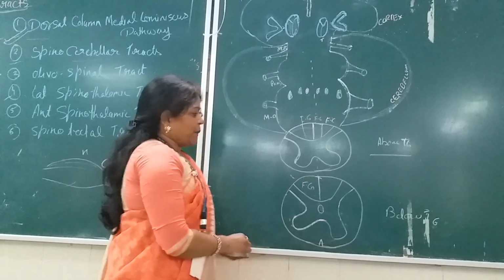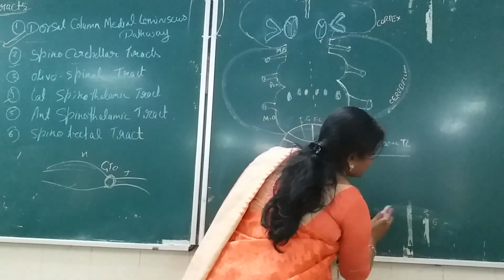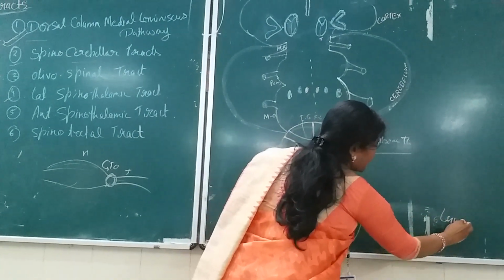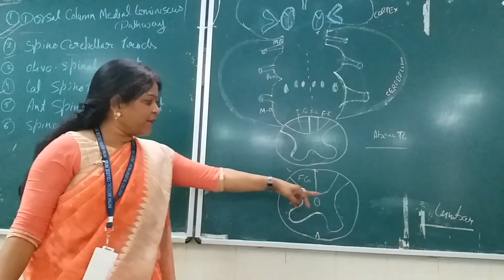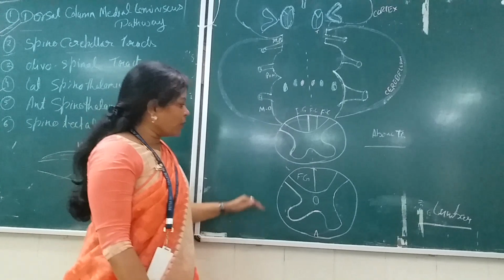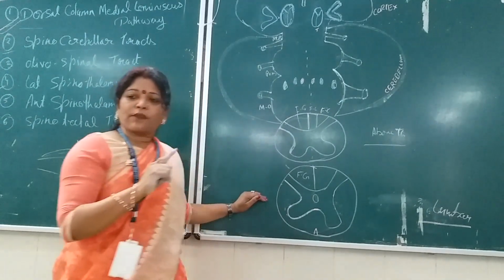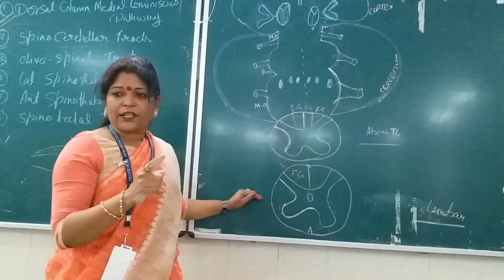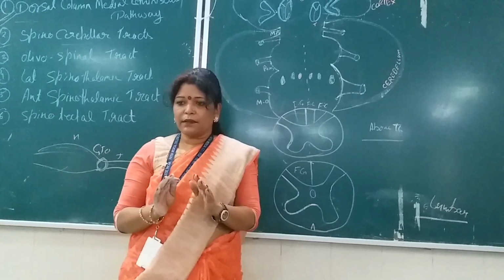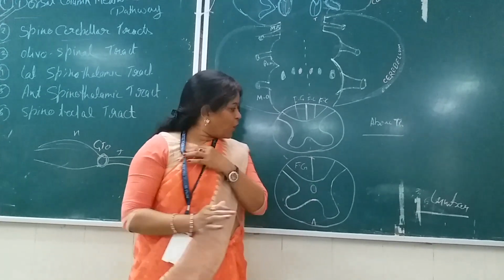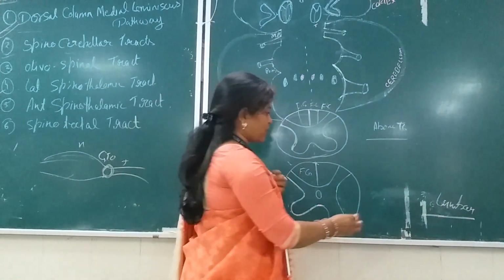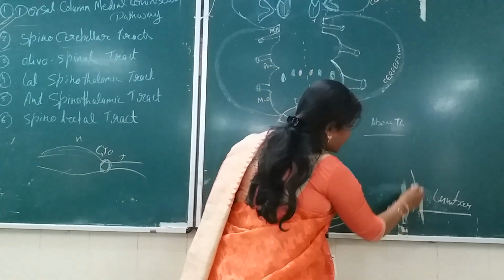So one by one, suppose this is the lumbar segment, below T6. All these modalities of sensation, that is the fine touch, the pressure, the vibration, the conscious proprioceptive impulses, any type of modalities of sensation are received here.